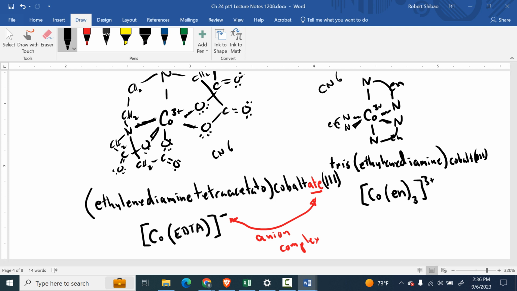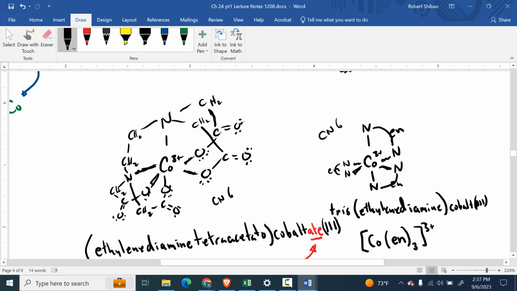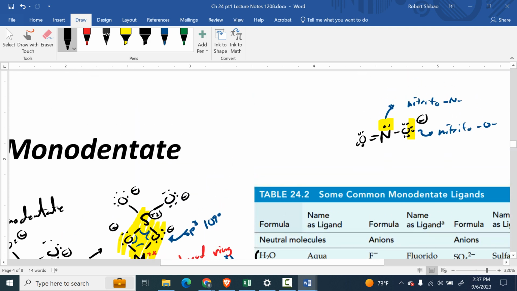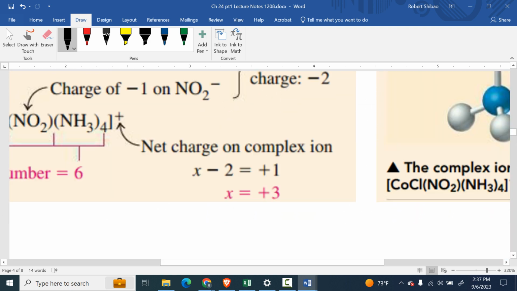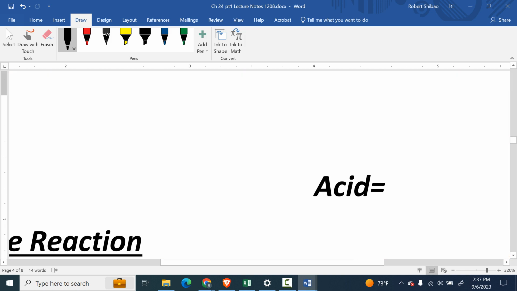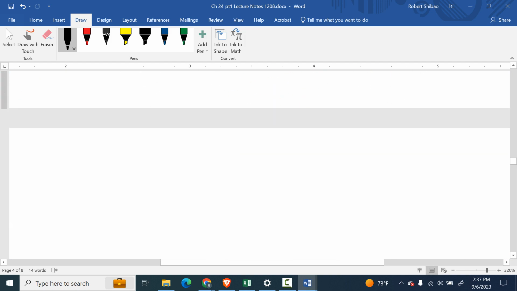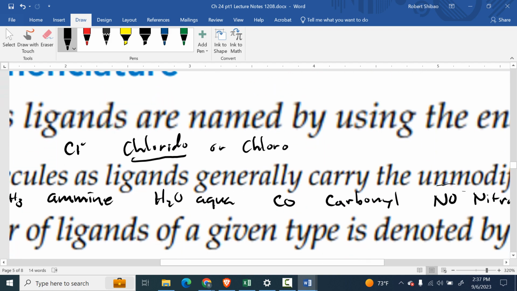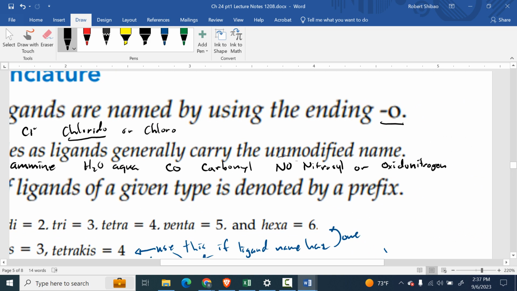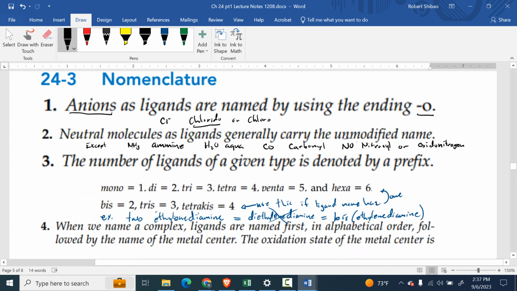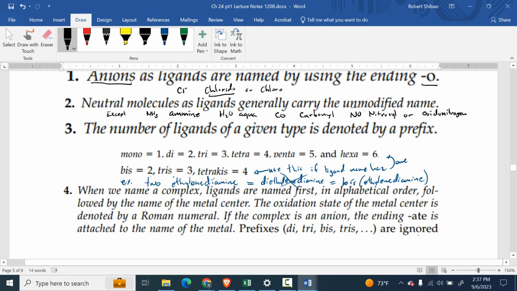Did I talk about Latin names for elements? No? Okay. So let me go back up to the rules for nomenclature. So there are two numbering systems.